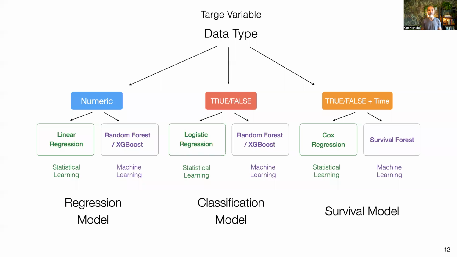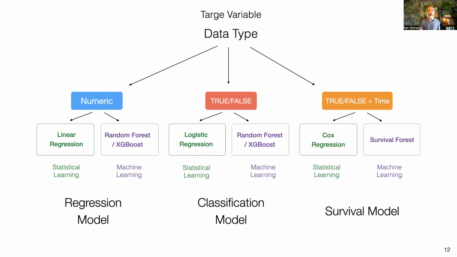So let's go to a slightly more simplified version here. Again, it's really about the target data type. If the data type is numeric, such as sales or salary, then you go to the numeric side, and there are various algorithms such as linear regression or random forest and so on.